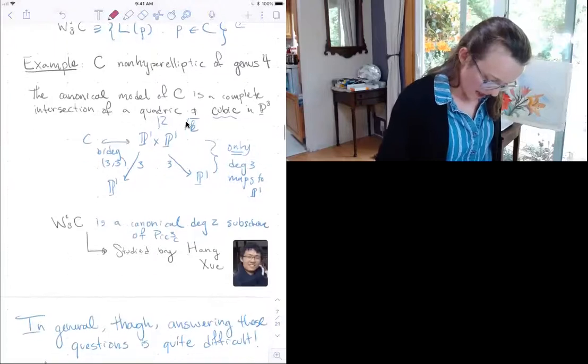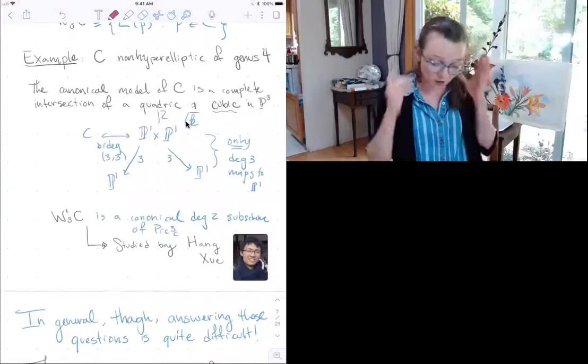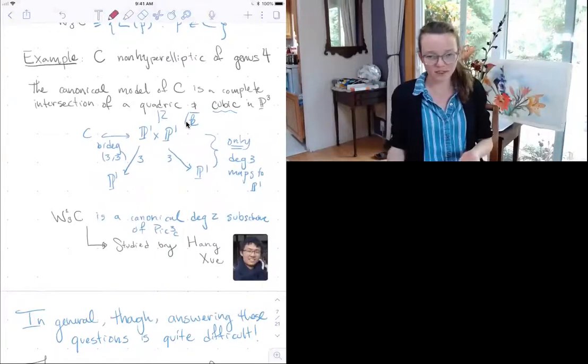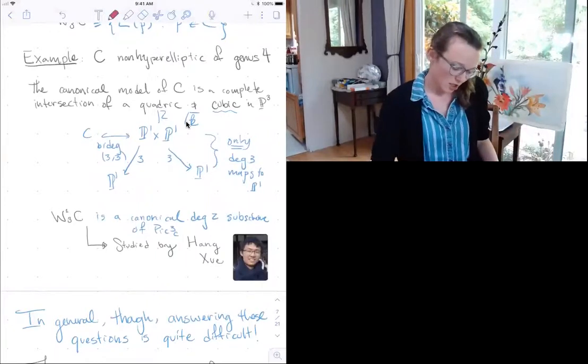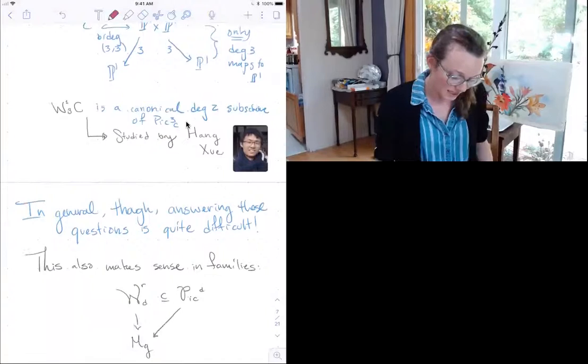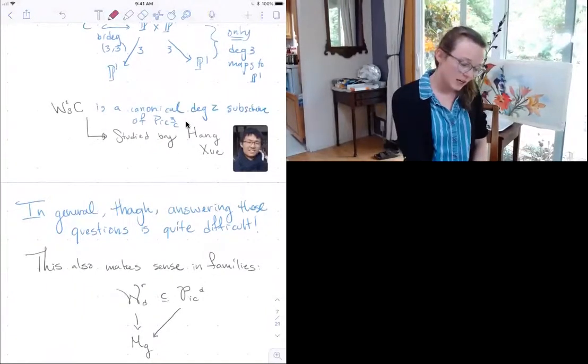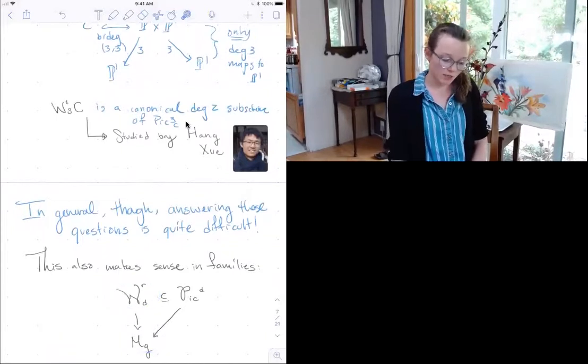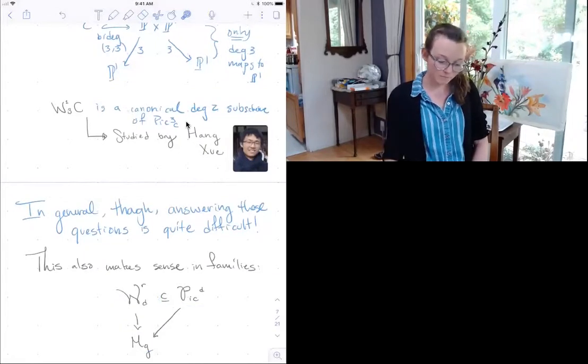All right, but in general, answering these four natural questions is very difficult. But they also make sense in families. So I can define a universal W^r_d over the moduli of genus g curves, which is now a subvariety of the universal Picard scheme, Pic^d, of the universal curve, the relative Picard scheme of the universal curve over M_g.